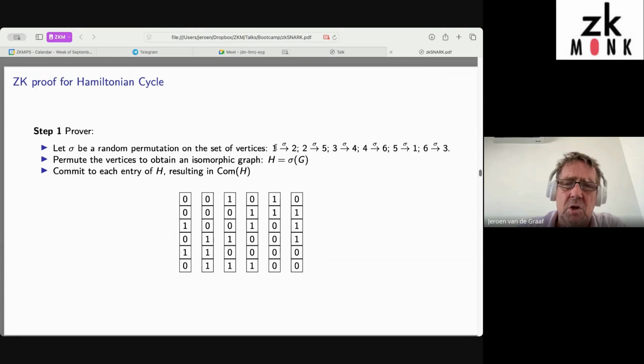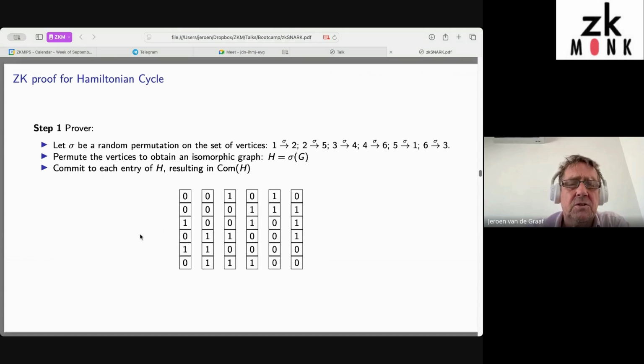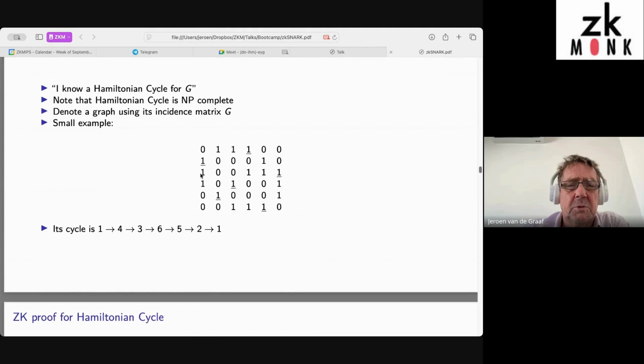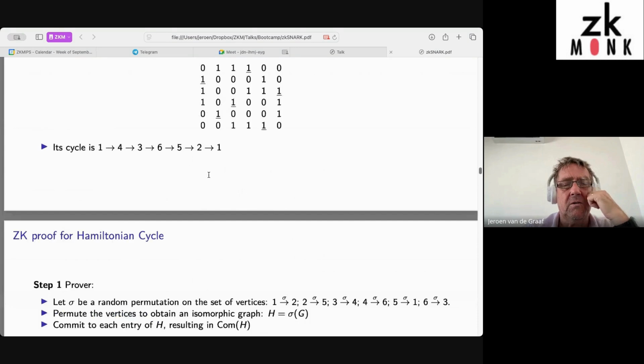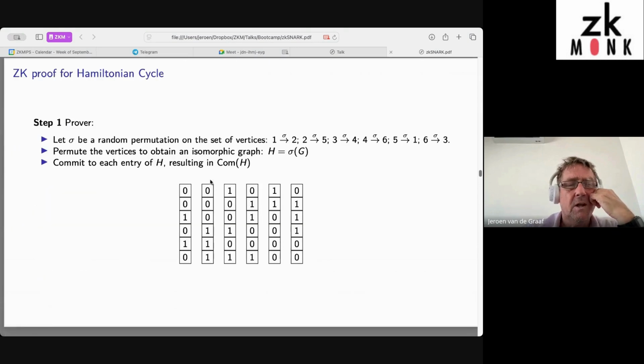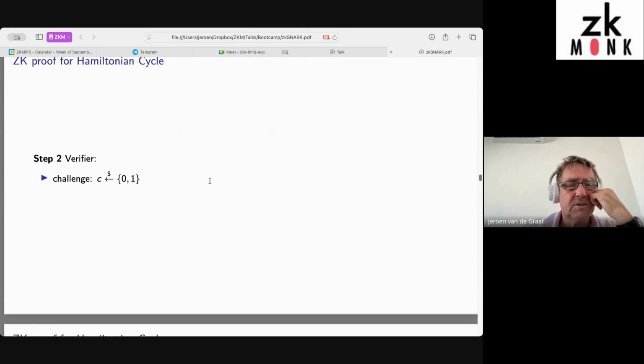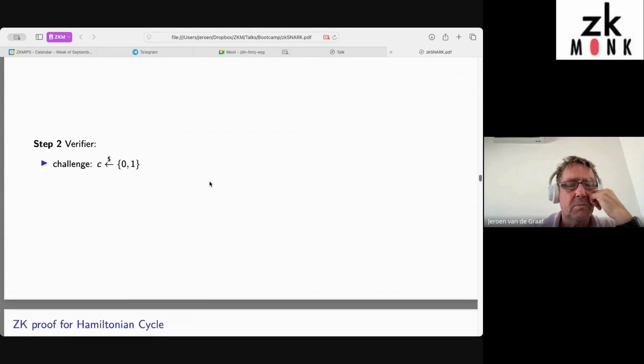It can even show what the permutation was, and then the verifier will verify that this matrix indeed is a permutation of the original matrix. Okay, and still, suppose this is a 200 by 200 matrix, that doesn't give any clue about what the Hamiltonian cycle is.